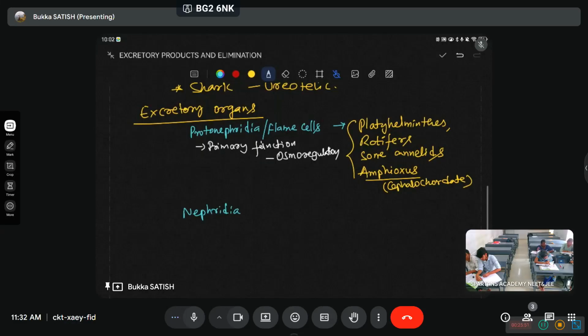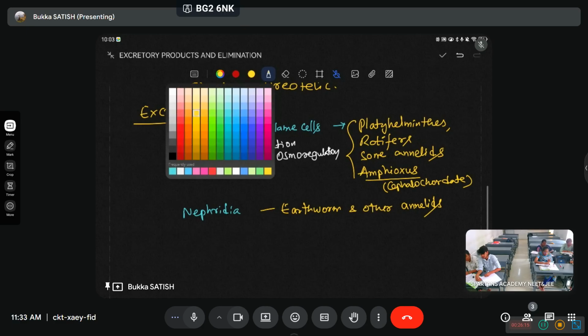The next one, nephridia. In earthworm, you're going to see this nephridia only, and some other annelids also will have this.